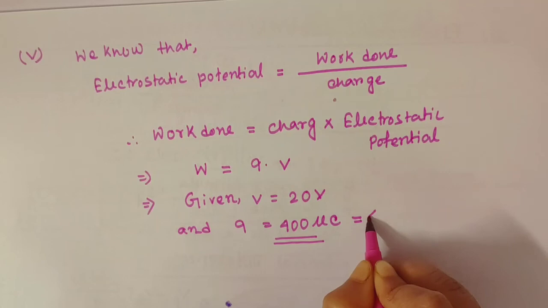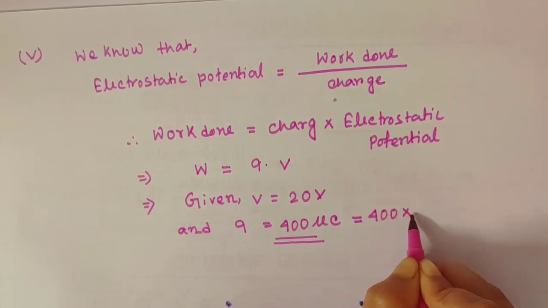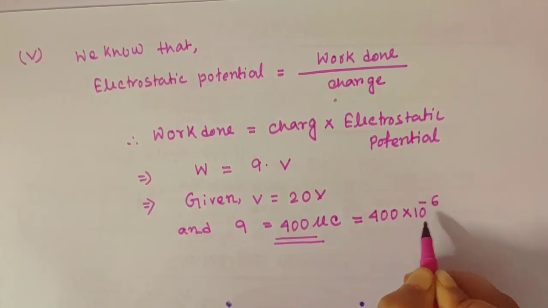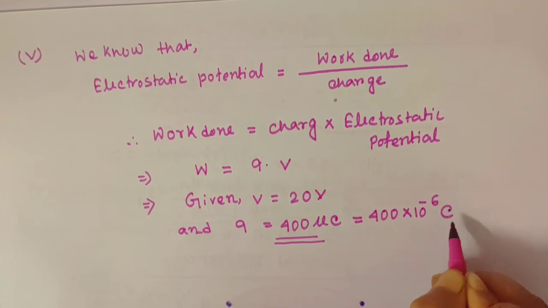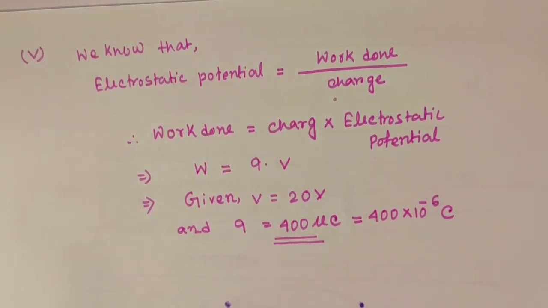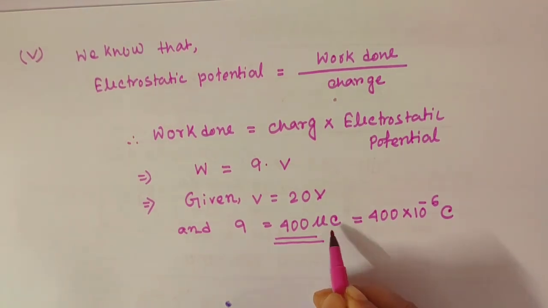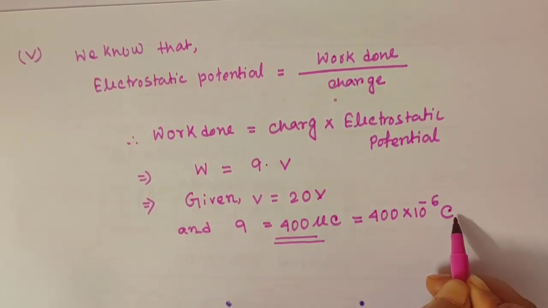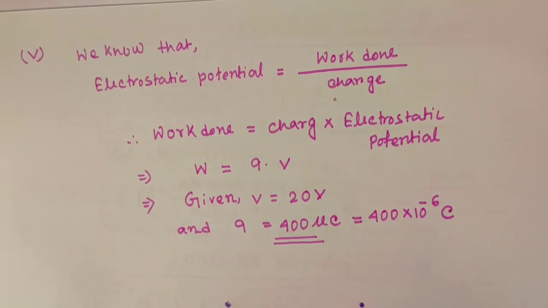So 400 into 10 to the power minus 6. Now this is coulomb. We convert microcoulomb to coulomb by multiplying by 10 to the power minus 6.